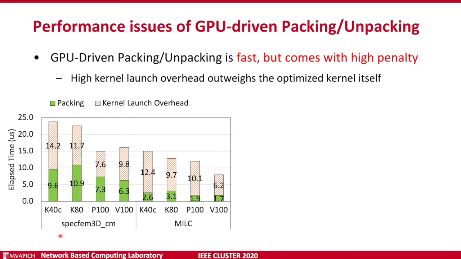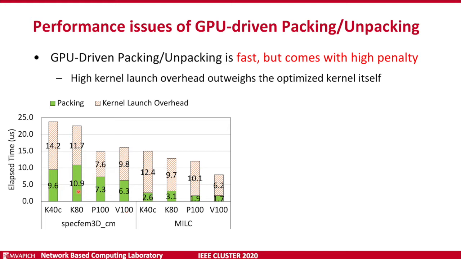We're using two different workloads, very famous applications like Spectrum3D and Milk. We profile these optimized packing kernels on the GPU using different GPU architectures, from K40s to the recent one, the NVIDIA Volta GPUs.